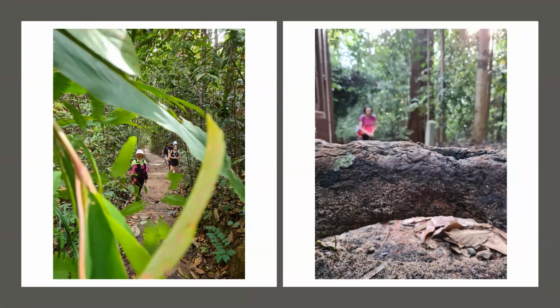On the right hand side, it is using the rule of thirds, whereby I put this lady's head on the top left intersection point, but I also play around with focus, where my focus is on the tree trunk and not on the lady, and that's why you see a blurred picture of the person. So it is deliberate, because it really depends on what you want the picture to be, and what you are trying to tell.